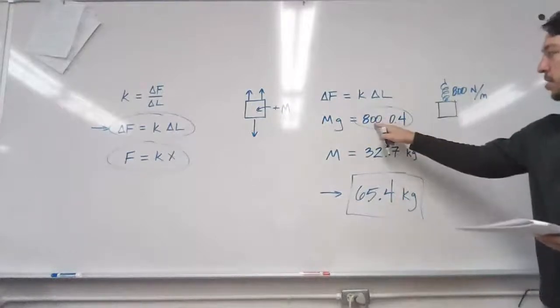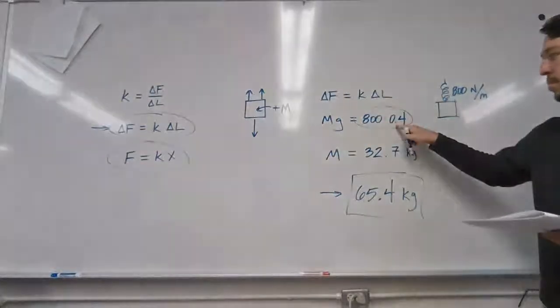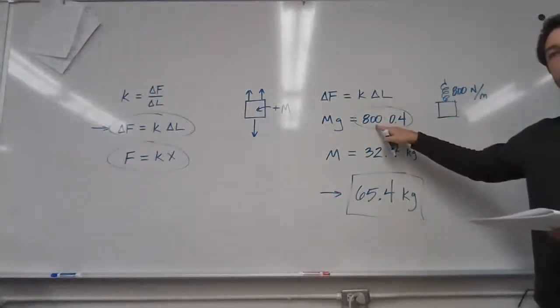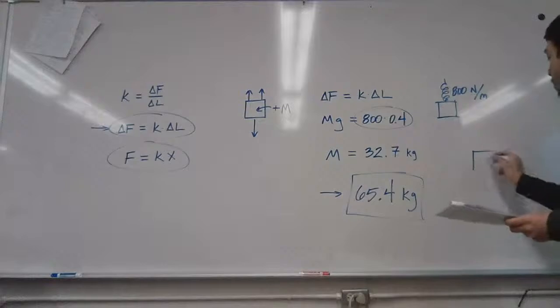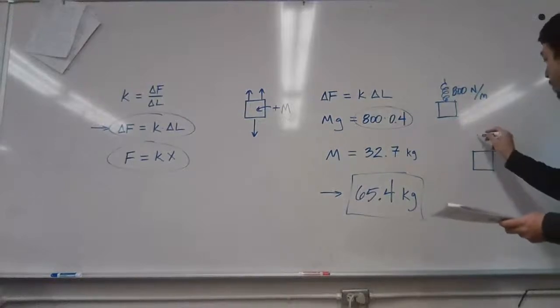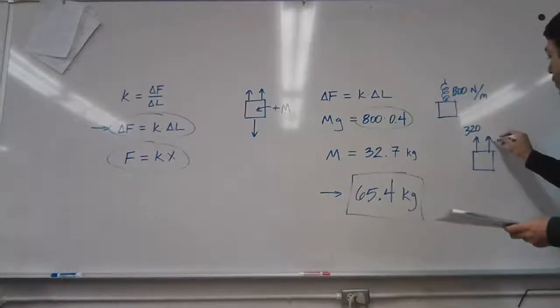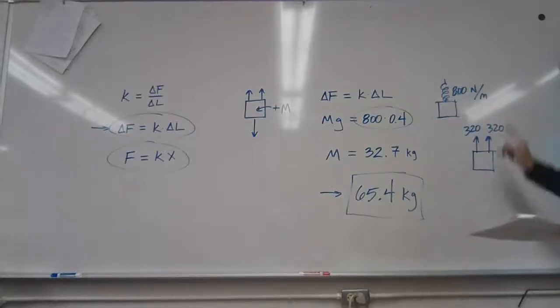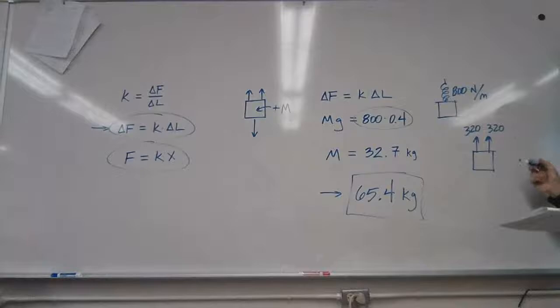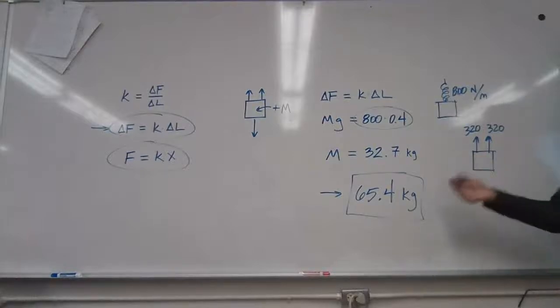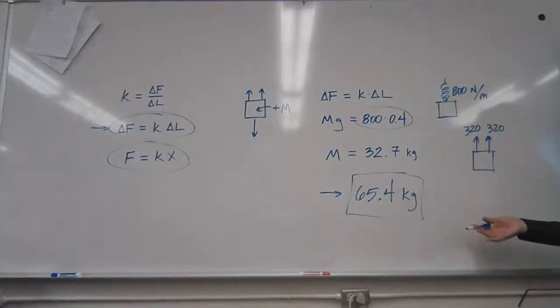So let's look at that number, 320 newtons. Now if each spring is providing 320 newtons, do you see how that's basically doubling the force upward? So that means I would need double the mass that I would need with one spring.